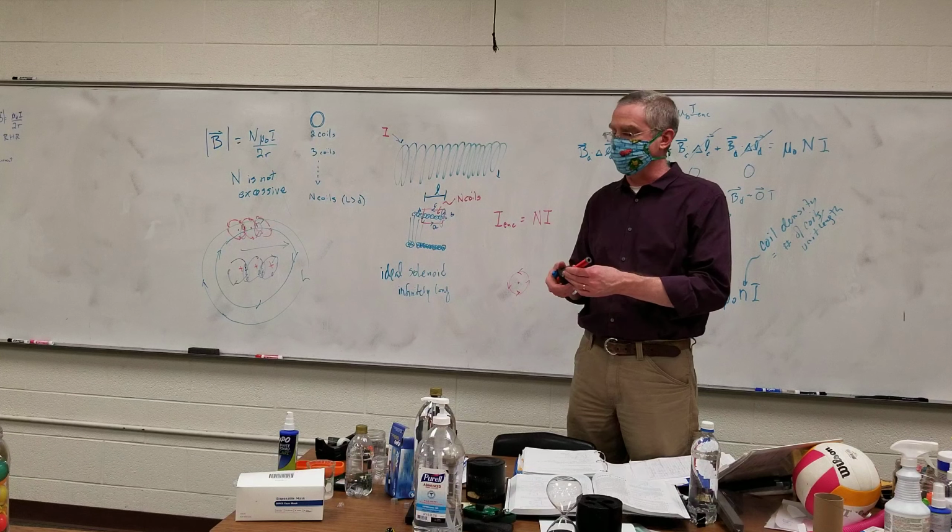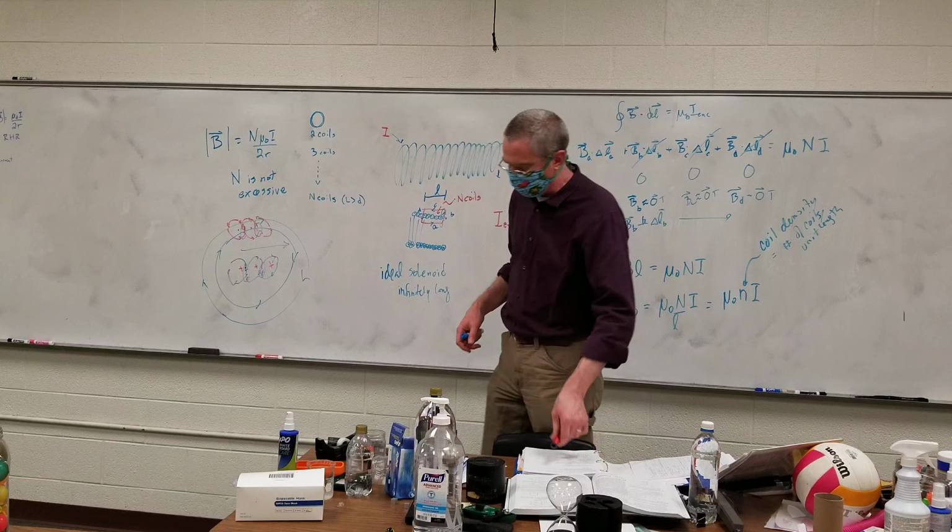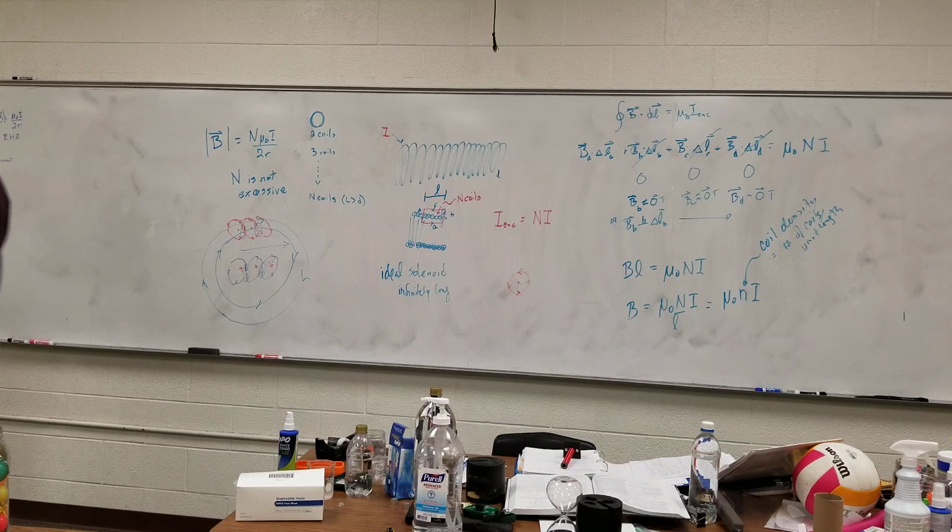Which is particularly helpful on this one. You might be able to have a decent guess of how many rows of coils there are. But this one is a lot more difficult, figuring out how many rows of coils there are, because these are much thinner coils. As a matter of fact, it's a lot harder to count as well.